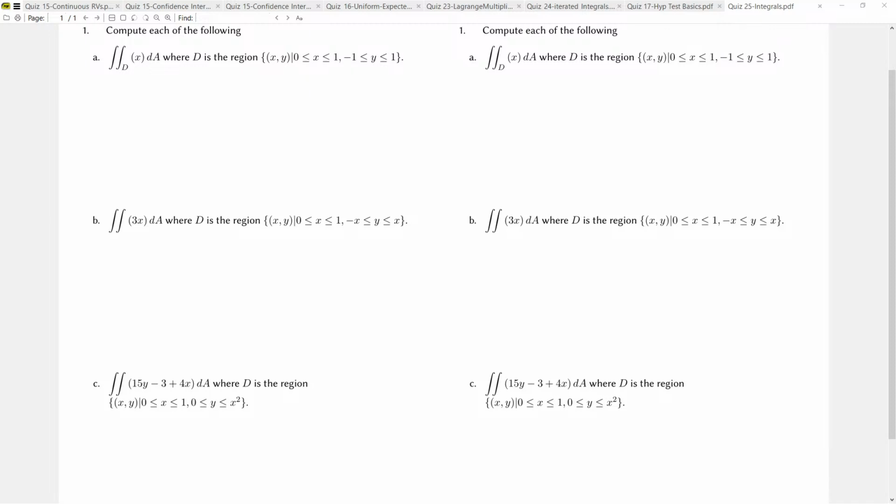Is this homework for you? Excellent. Draw the region.